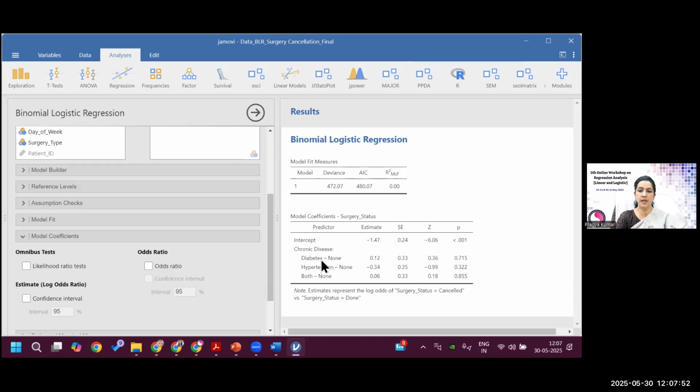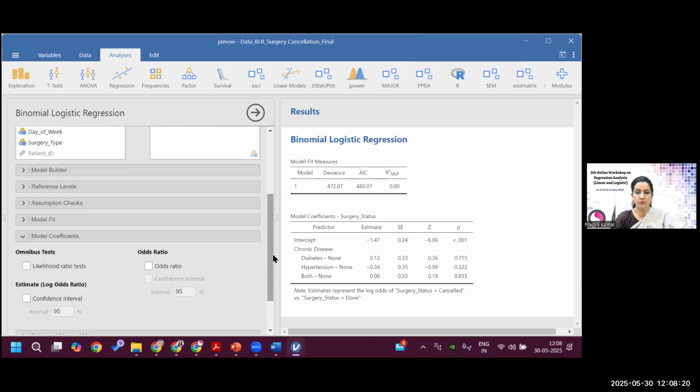So it is comparing diabetes versus none, hypertension versus none, and both versus none. But the rule here is that even if one level is significant, up till 0.2, you will take it. But if you see, none of the levels here is significant, meaning up till 0.2. So we are not going to take chronic disease in our model. I have put a cross for chronic disease. This I will not take.